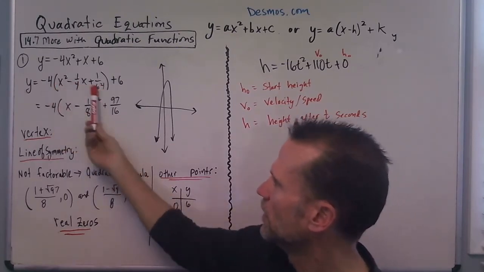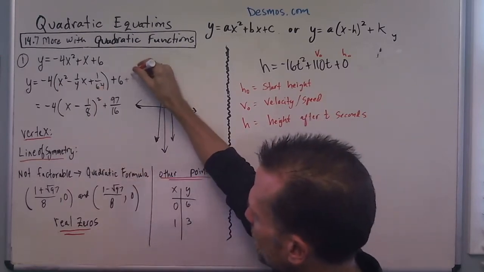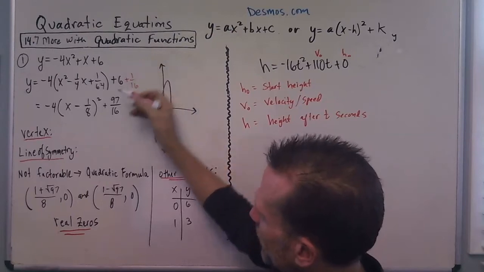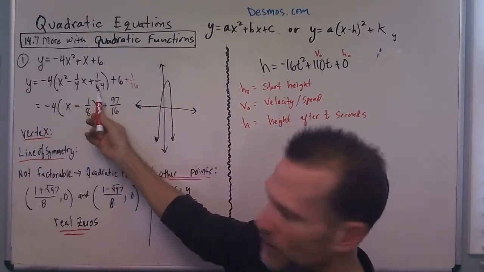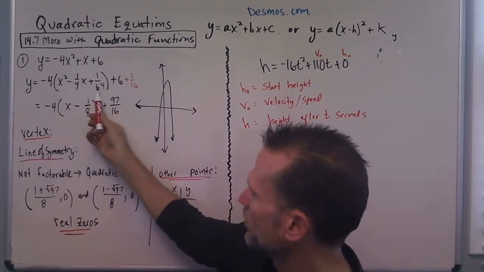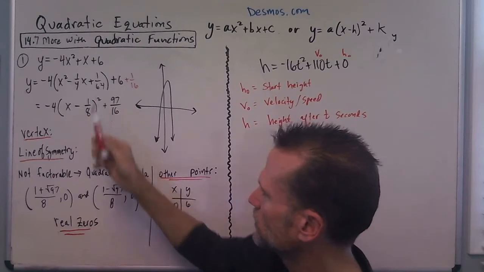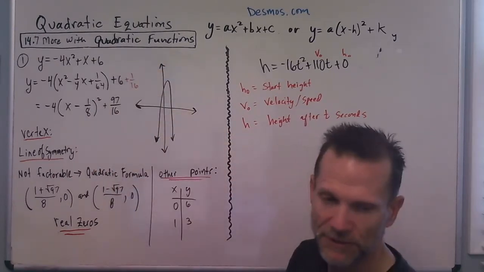So what we actually have to do here is add a 16th, because the actual value of this right here, because of that -4, is -1/16. You can test that from -4 times 1/64.